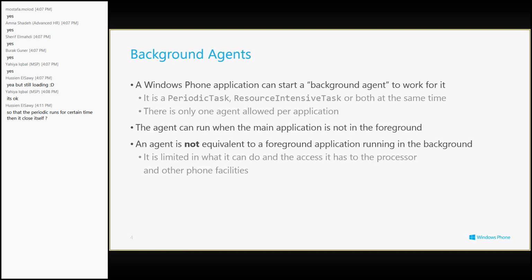So it runs for a relatively long period, longer than the periodic task, and it has to meet a certain set of requirements so that the phone is able to perform this task, such as power resource or network connection. A typical scenario would be uploading images or a large amount of data in the background overnight or something.